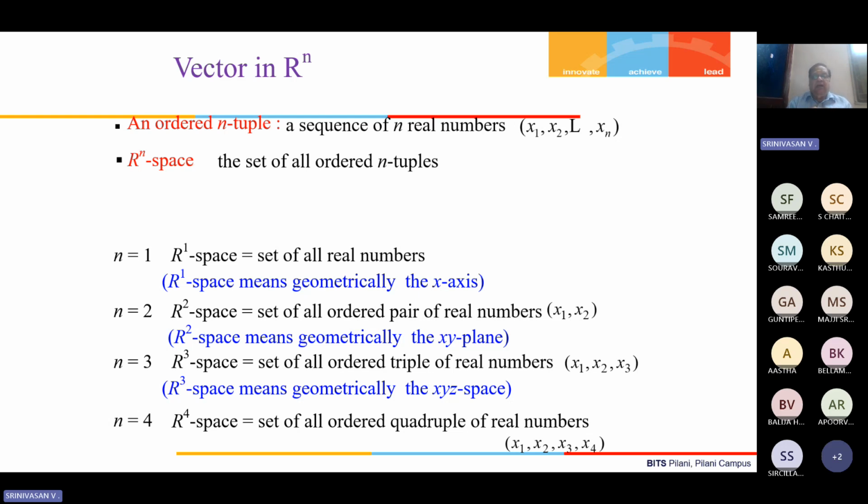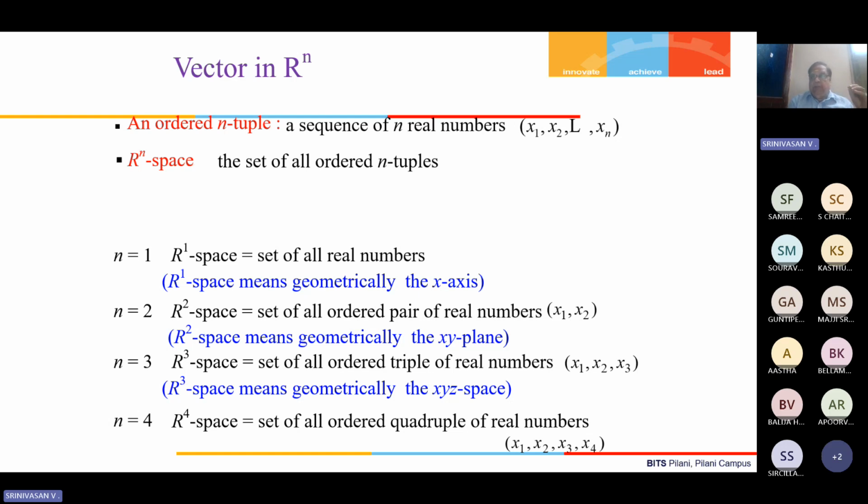Isn't it? Then n equal to 3, R3 space, the set of all ordered triples of real numbers x1, x2, x3. If you have a point in space, you write x, y, z or x1, x2, x3 with reference to OX, OY, and OZ. Supposing this is the y-axis and this is the x-axis, you can draw an axis perpendicular to OX and OY at the point O, namely OZ.